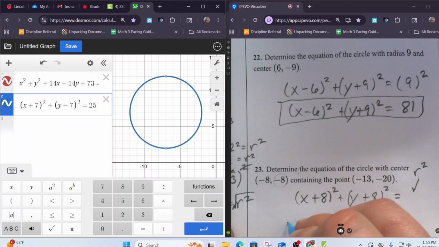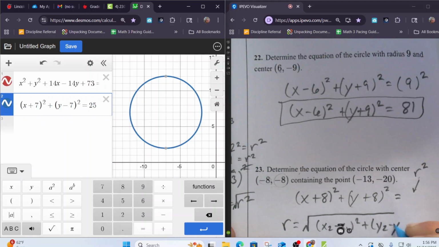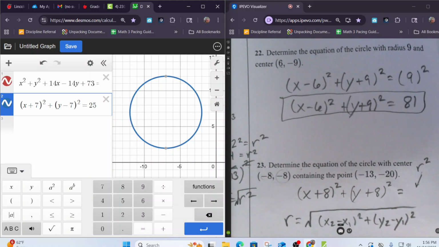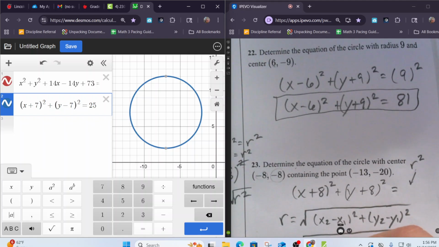Using this, you could use the radius is equal to the square root of (x2 - x1)² + (y2 - y1)². All right, and then that's going to be r equals, -13.